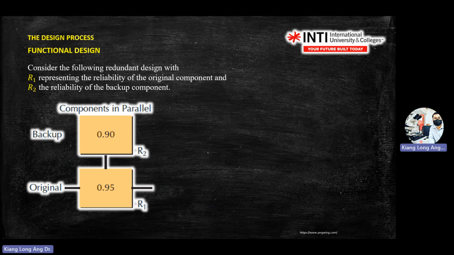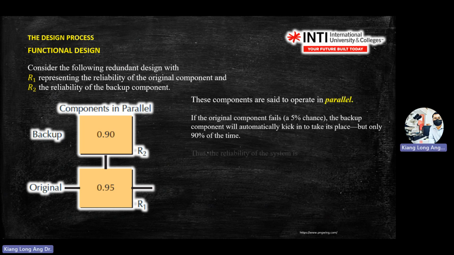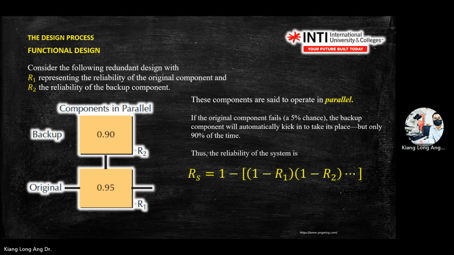Okay, so when you have this parallel system, for example, original 95%, backup 90%, the equation you previously learned cannot be used anymore. There's a new equation if you use a redundant part. The rest you read, I'll just go very fast on this one.